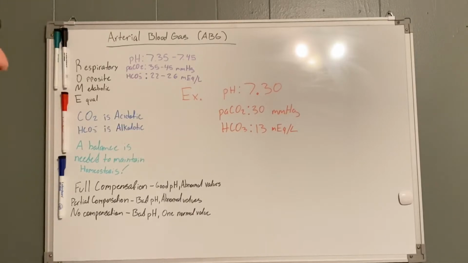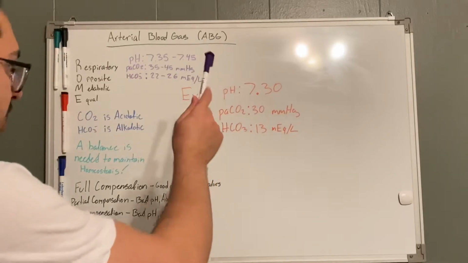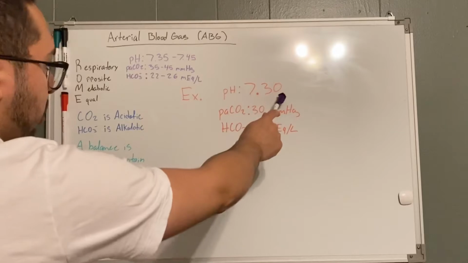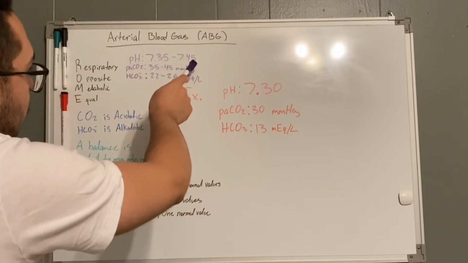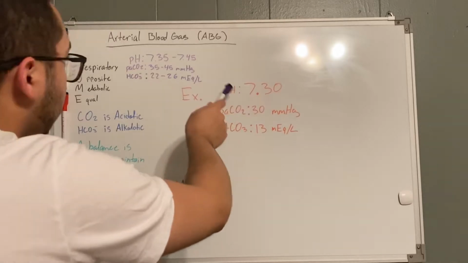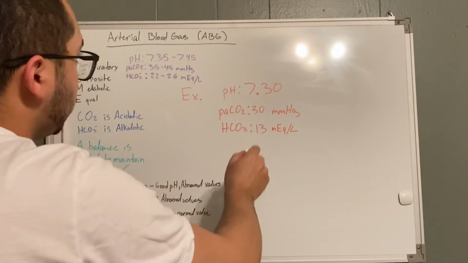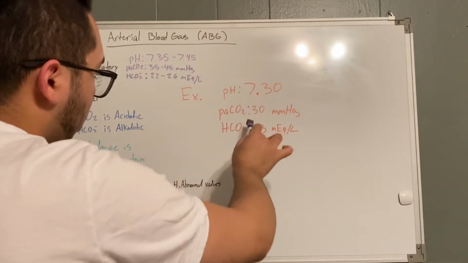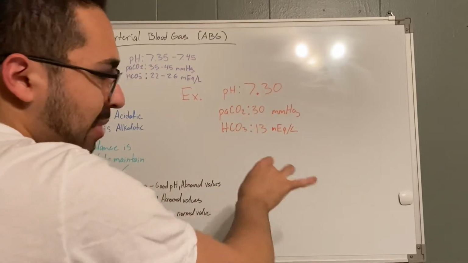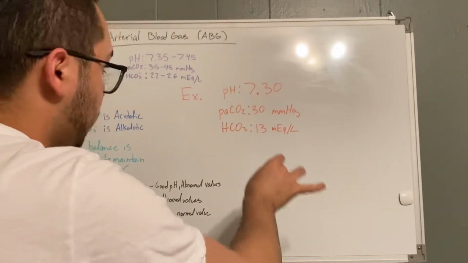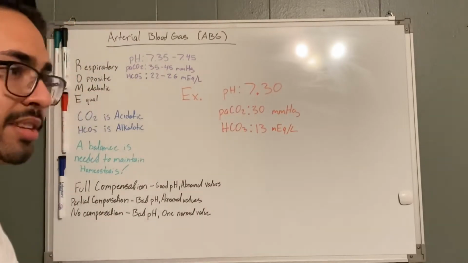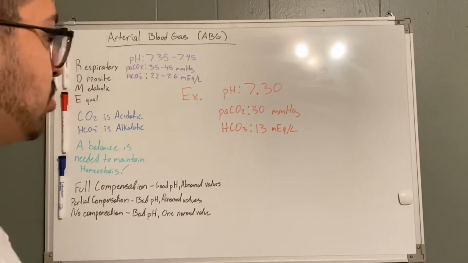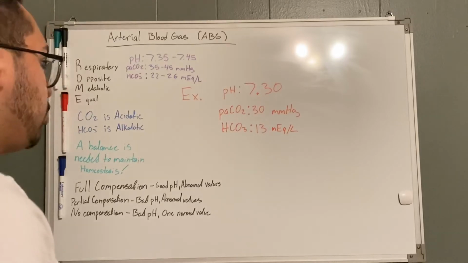Okay, so the first thing you want to look at is the pH. 7.30. Is that within our normal range? No, it's not. This is low, so that means that our patient is suffering from acidosis. So right off the bat, boom, we have acidosis. The next step is determining whether it's a respiratory issue or a metabolic issue.